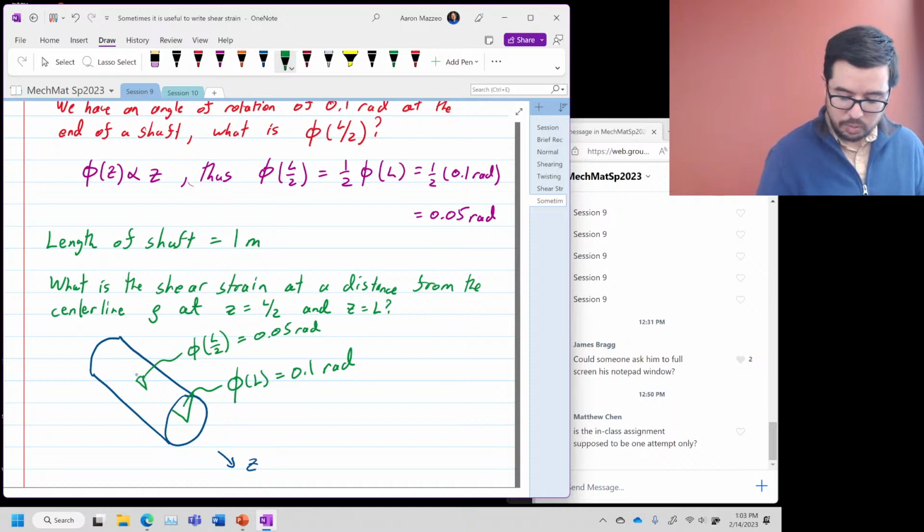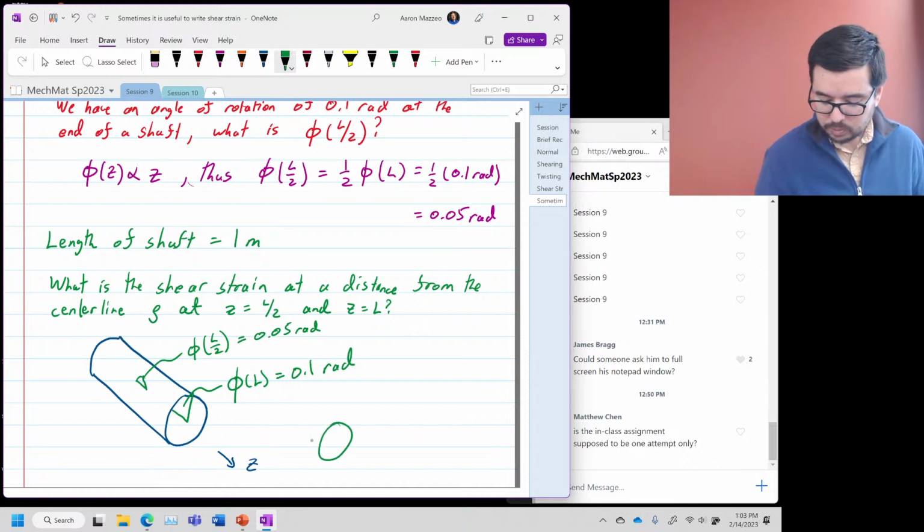So if I have these two disks, I'm interested in knowing what the shear strain is, let's say if it's twisting this way.